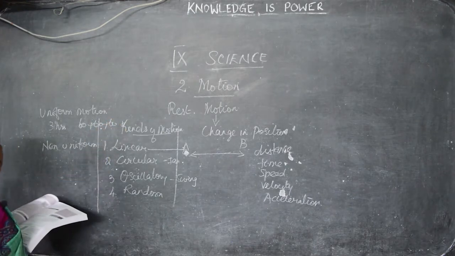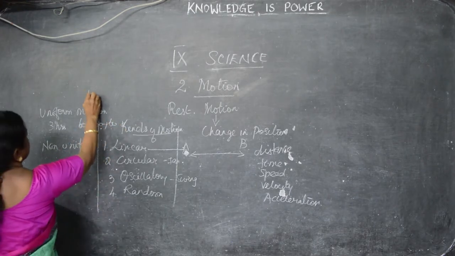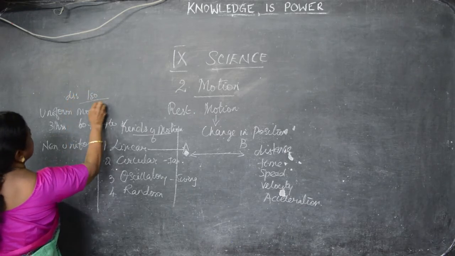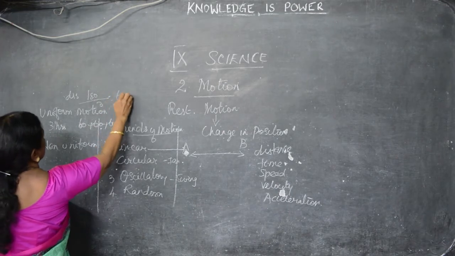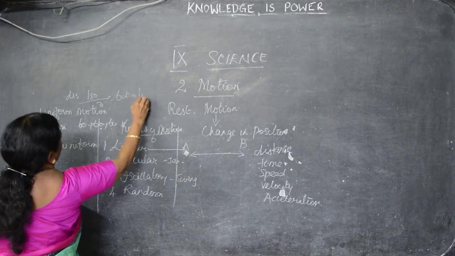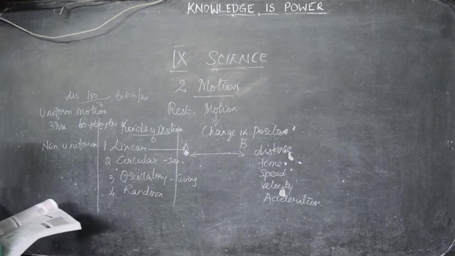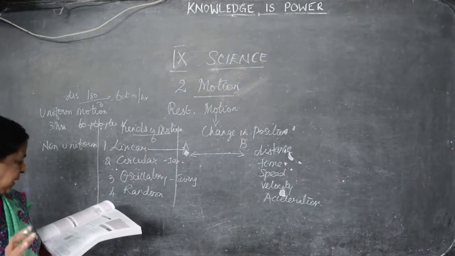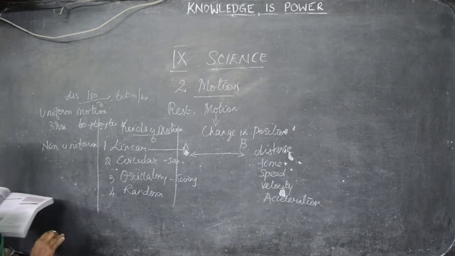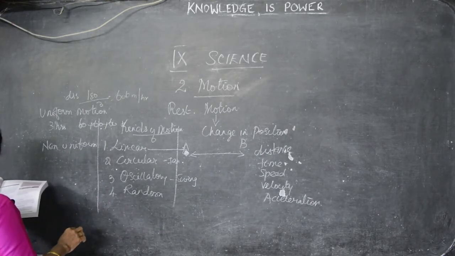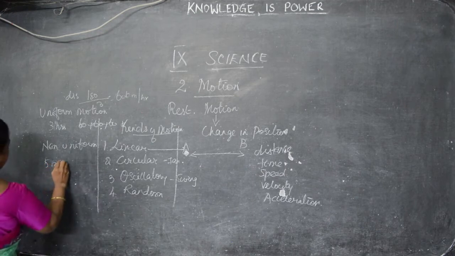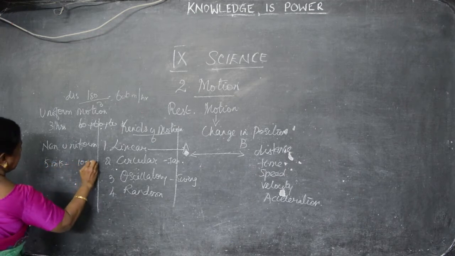So totally it travels 180 kilometers. This is the total distance in 3 hours. This is 60 km per hour. This is known as uniform motion.